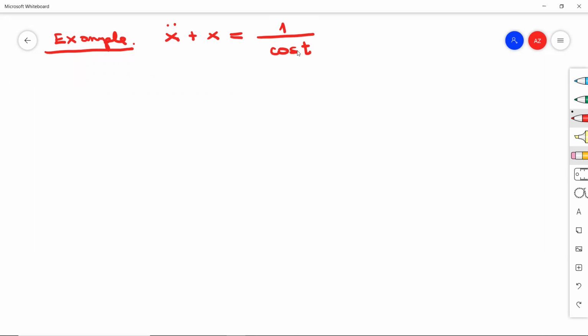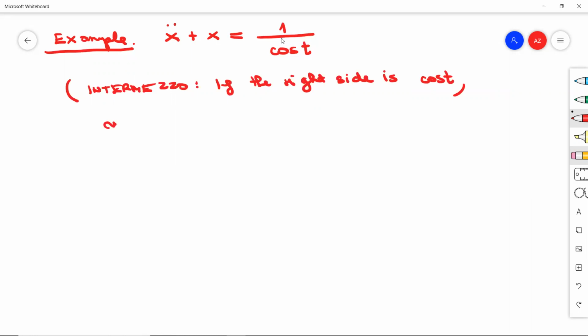I can mention here something which I haven't mentioned before. Just as an intermezzo, because we will also use this later on: if the right side is cosine of t, what would be the guess for the particular solution?